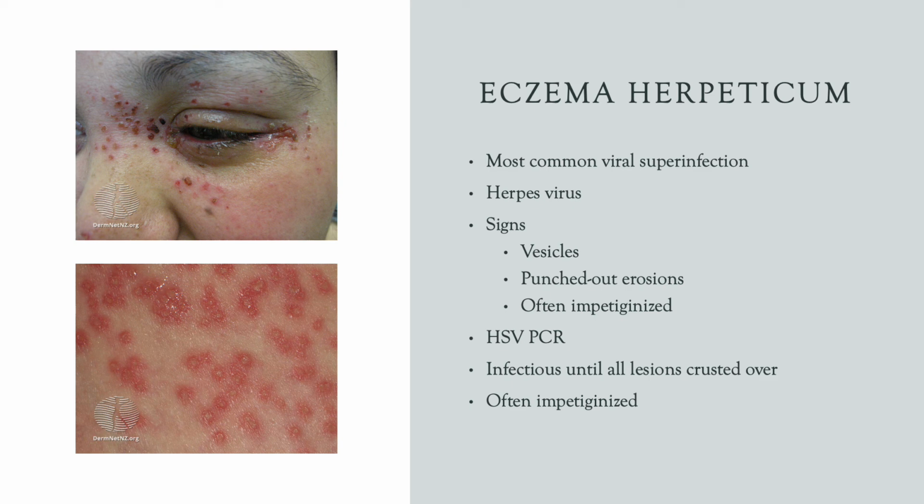Eczema herpeticum is often secondarily impetiginized as well, as the open sores often become colonized with staph or strep. An HSV PCR swab done on a deroofed vesicle or the base of an open wet erosion is an important test for diagnostic clarification. Lastly, it is important to tell patients and families that the child should be considered infectious until all lesions have crusted over.